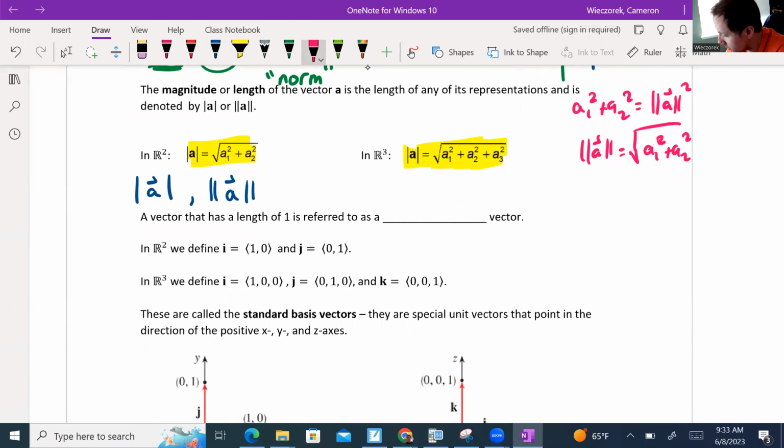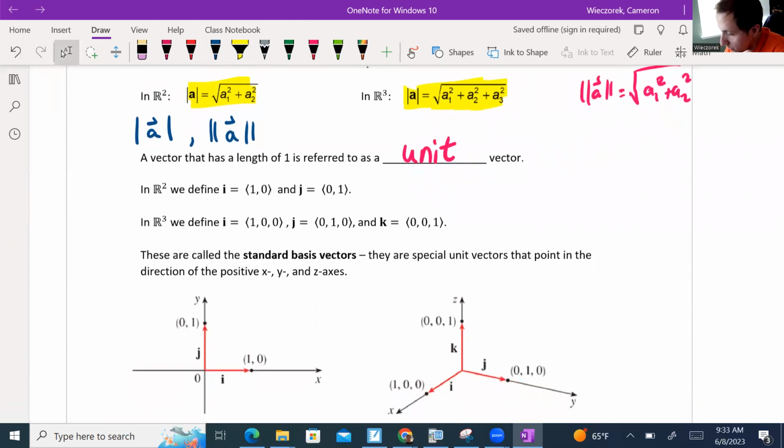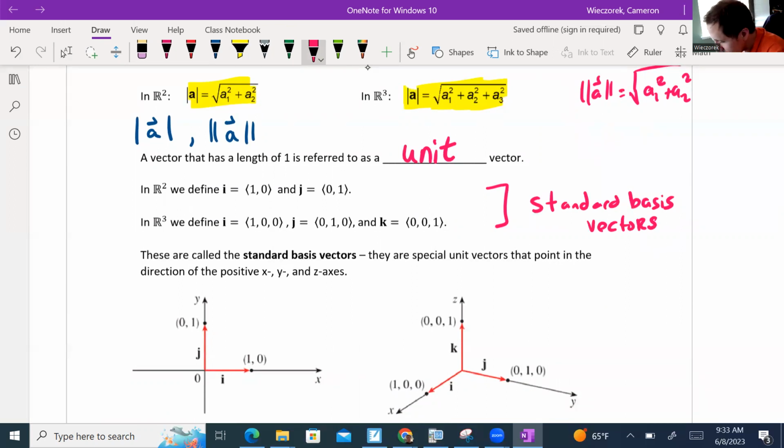Some other vocab, a vector with a length of 1. We're going to be dealing with these a lot this year. This is what's called a unit vector. These are what we call standard basis vectors. In physics, they're used a lot.